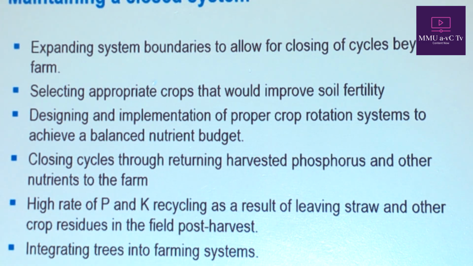And also integrating trees into the farming system will help harvest nutrients from deeper layers of the soil and bring them on the top layers of the soil, and hence make them available and be able to recycle them to the plants, back to the soil, and again to the plants.